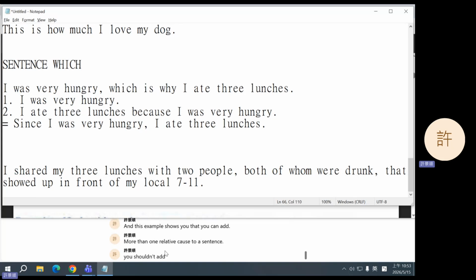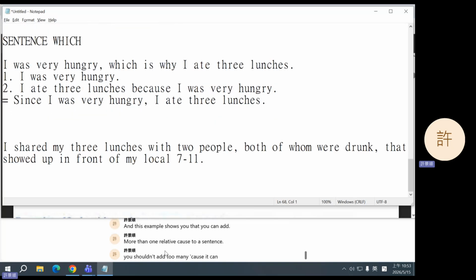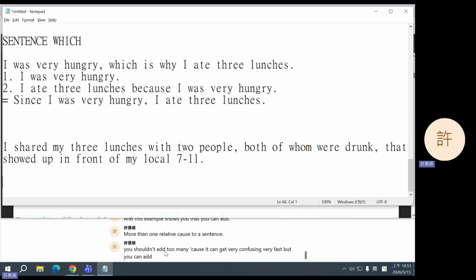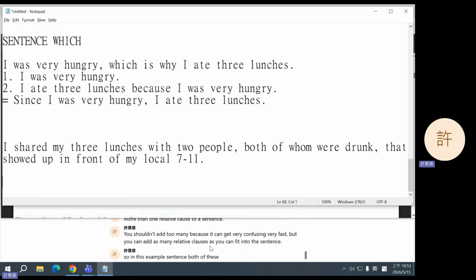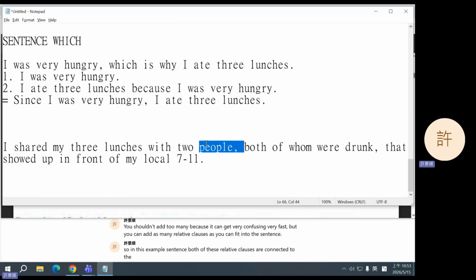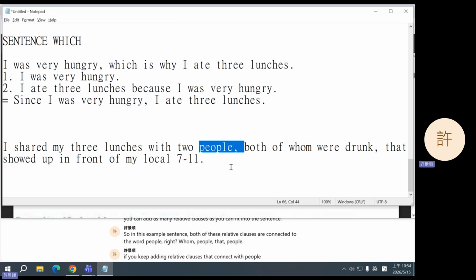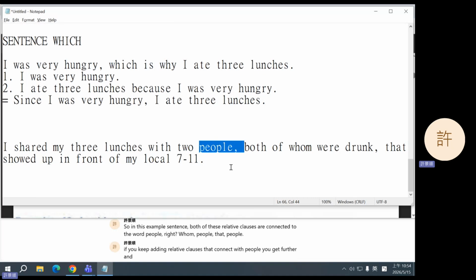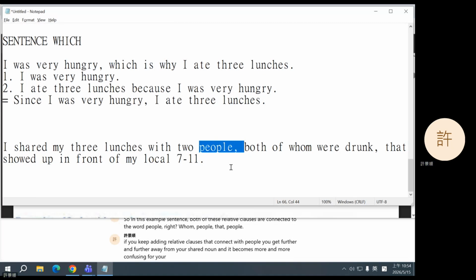You shouldn't add too many because it can get very confusing very fast, but you can add as many relative clauses as you can fit into the sentence. So in this example sentence, both of these relative clauses are connected to the word people, right? Whom, people, that, people. If you keep adding relative clauses that connect with people, you get further and further away from your shared noun, and it becomes more and more confusing for your reader.